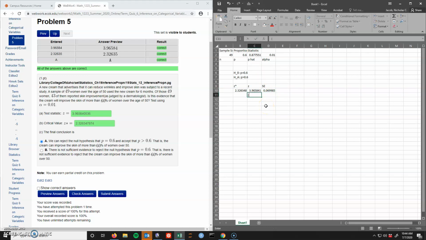So this was p hat minus p divided by the SE. And the SE was the square root of p times 1 minus p divided by n.